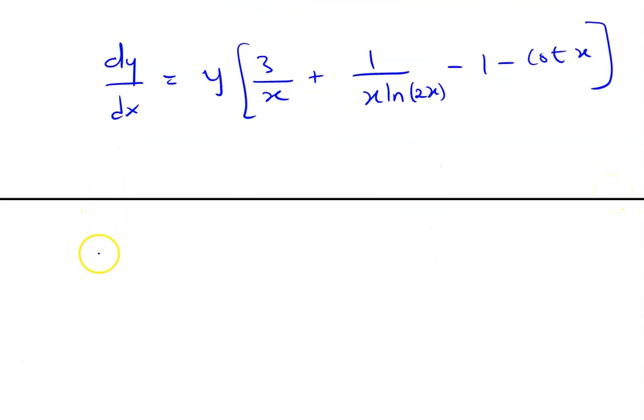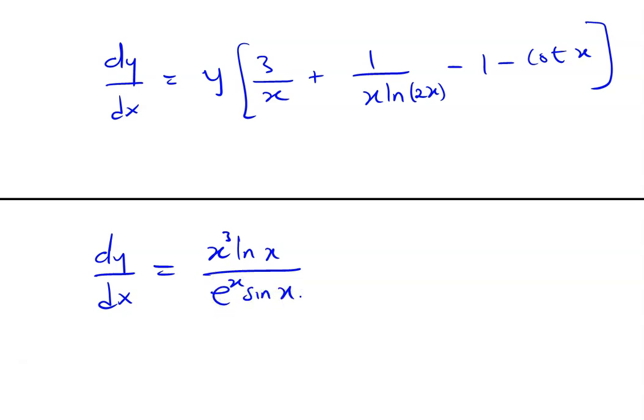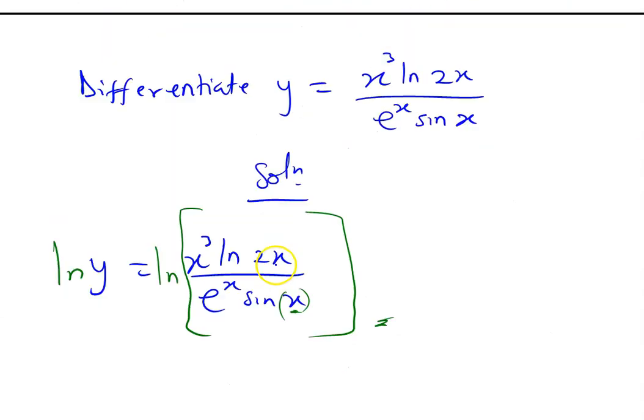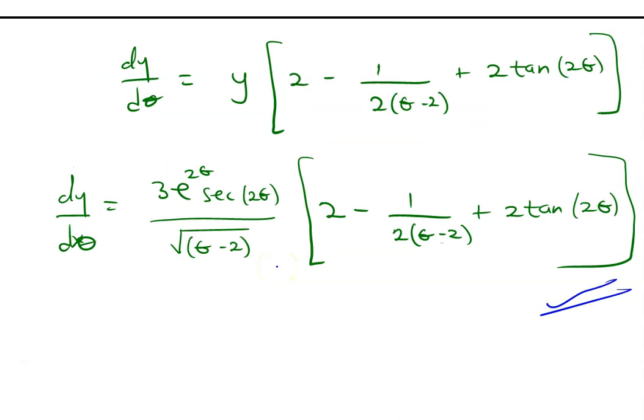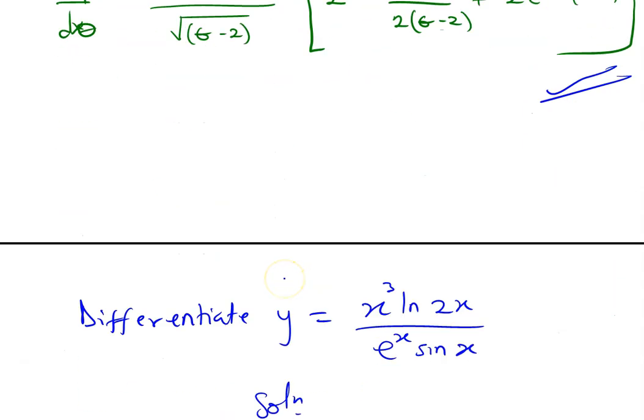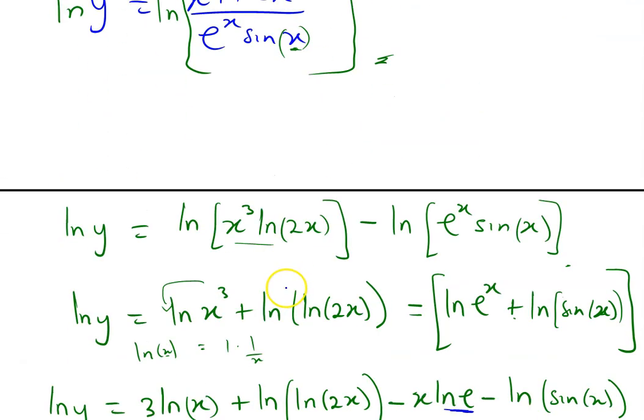Then we end up with dy dx equals what? x cubed then x, all on e to the x sine x. Am I on track? Did I write the same? No. Okay, I missed it. It was 2x, sorry. It was 2x.